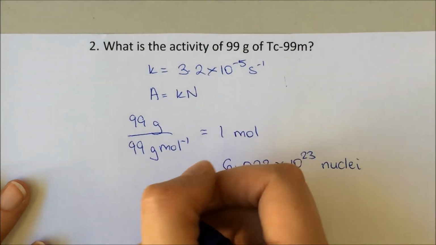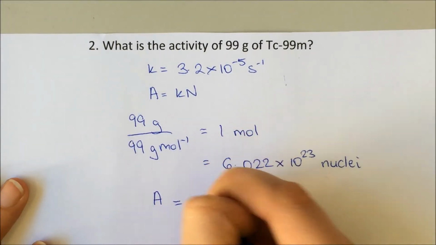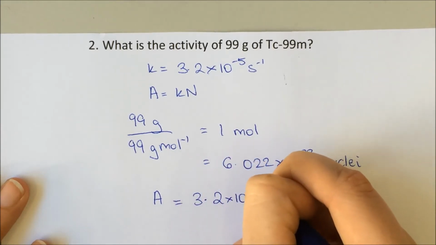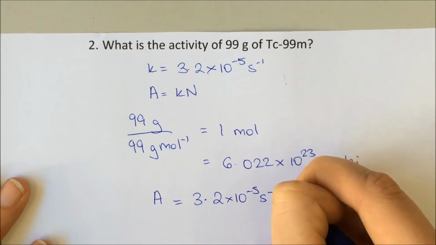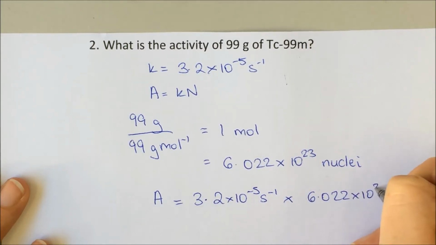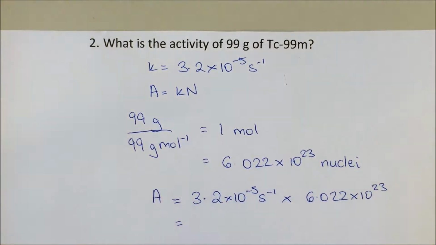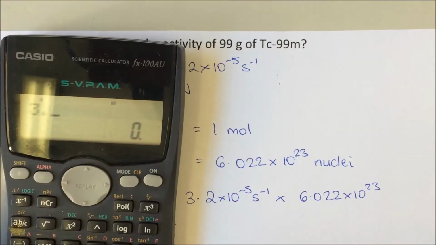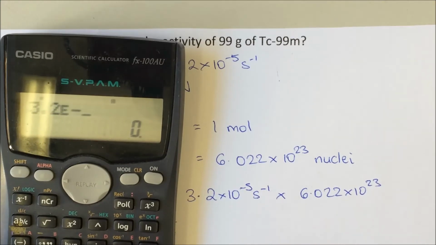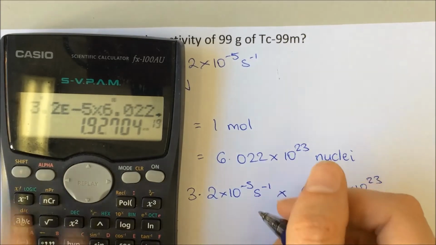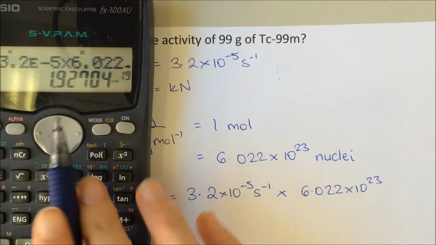We can now substitute this back into our original equation. So A equals 3.2 by 10 to the minus 5 per second times the number of nuclei. If we put this into our calculator, this gives us an answer here.